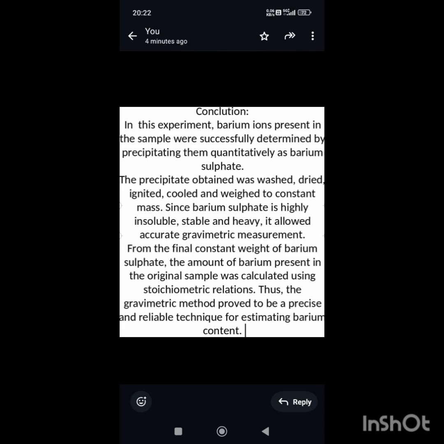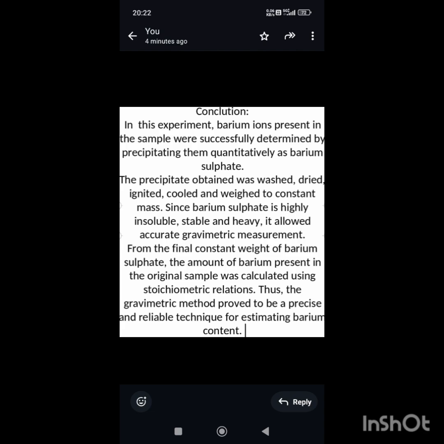Conclusion. In this experiment, barium ions present in the sample were successfully determined by precipitating them quantitatively as barium sulfate. The precipitate obtained was washed, dried, ignited, cooled and weighed to constant mass.